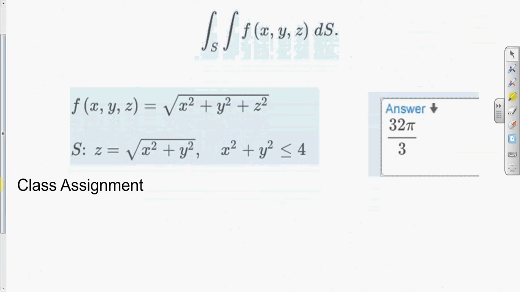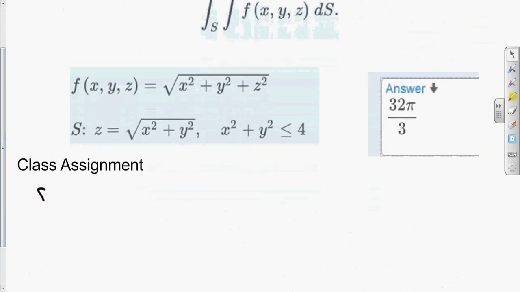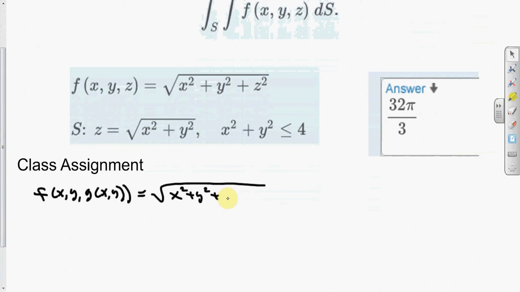So if you look at the function f, f of x, y, g of x, y is the square root of x squared plus y squared plus the square root of x squared plus y squared, squared.